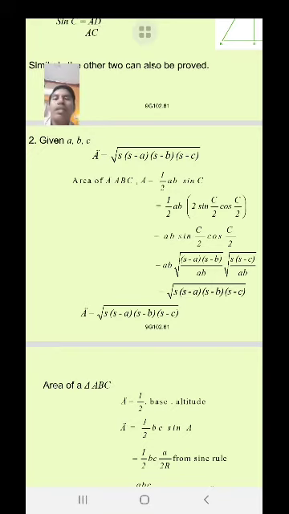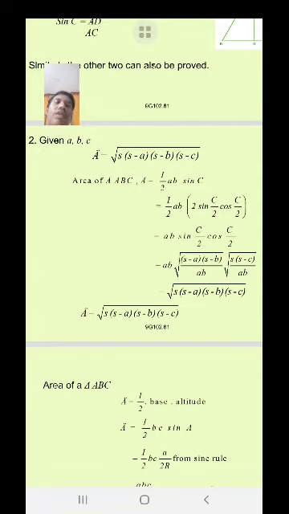So in compound angles we know the sine A formula is 2 sine A by 2 cos A by 2. Similarly, sine C can be written as 2 sine C by 2 cos C by 2. So 2 gets cancelled and remaining is ab into sine C by 2 into cos C by 2.